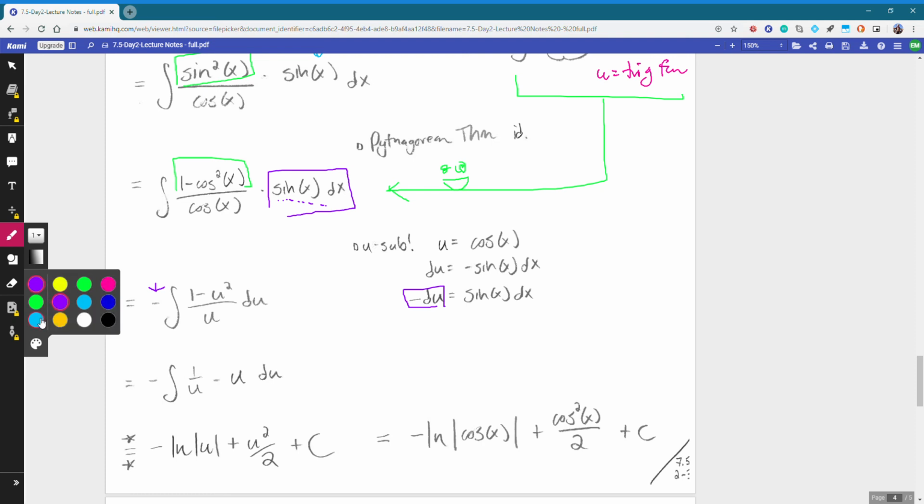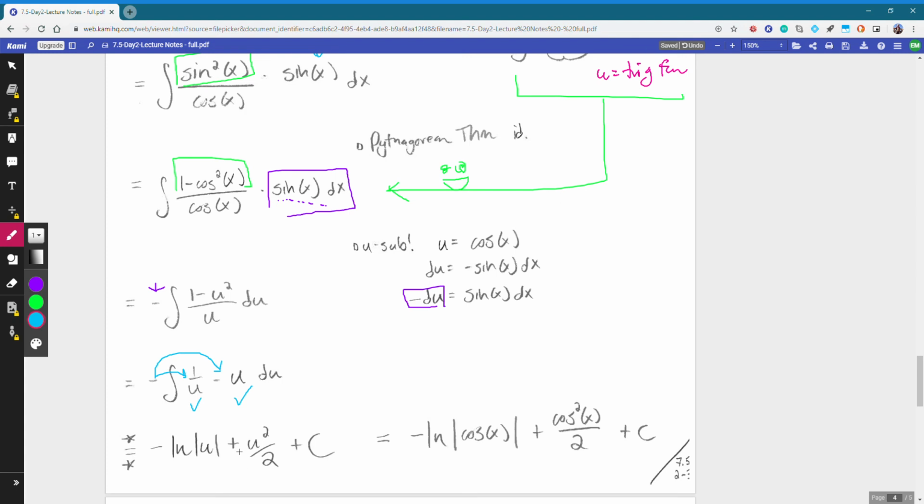And both of these we are able to integrate. 1 over u becomes natural log of absolute value of u, and u through the power rule, it's u squared over 2. Right, and here I've taken this negative and I've just distributed it to both of these terms. So on the right we get 2 negatives making it positive.